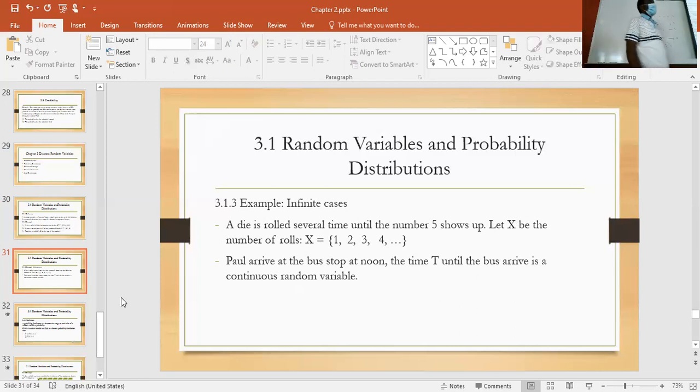So a random variable can be divided into 2 types, discrete and continuous. Discrete random variables are those variables with the range a discrete set. For those who did discrete math, you know what discrete sets are. We call a set discrete when you can count the elements of the set. For example, this is a discrete set. Even though it goes to infinity, we don't know how many, but it is discrete.